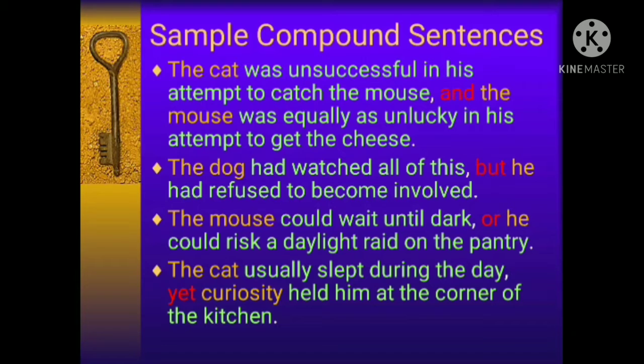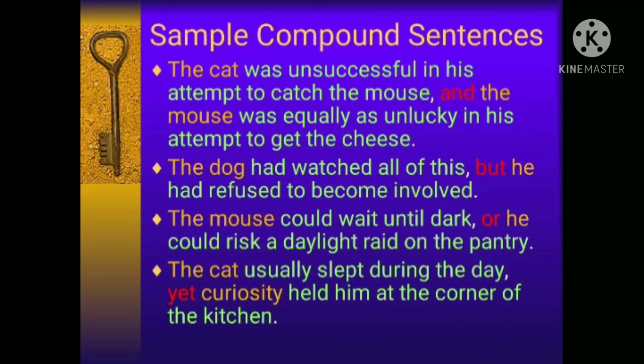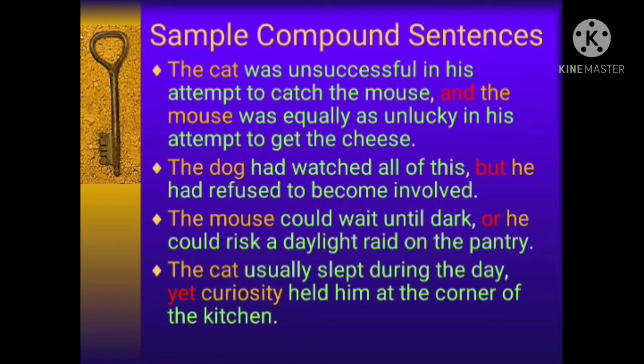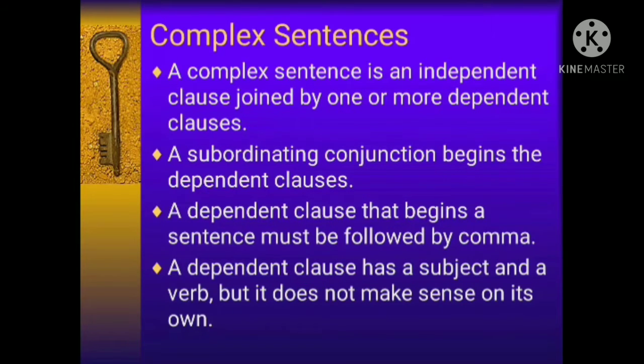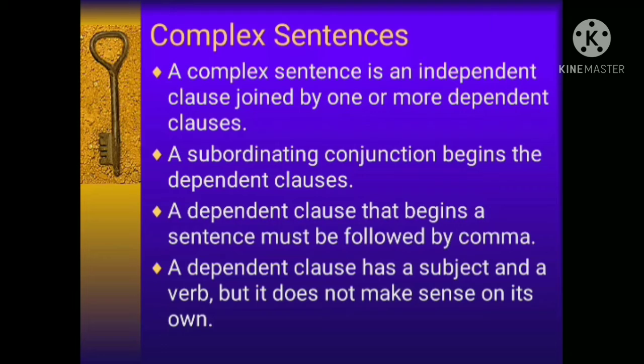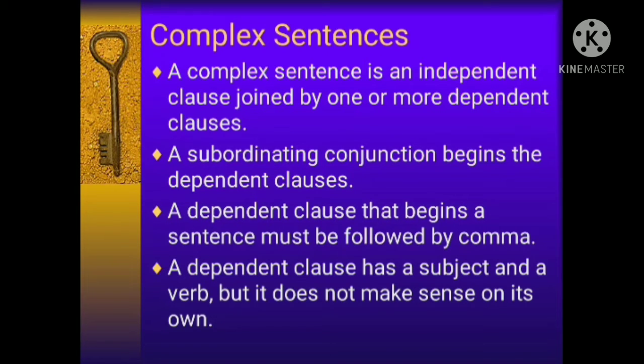You can join it like: I like books, and she likes movies. There are some more examples given for you; you can refer to them. Remember the conjunctions FANBOYS: for, and, nor, but, or, yet, so, and they are used for conveying different meanings. Now let's talk about complex sentence.